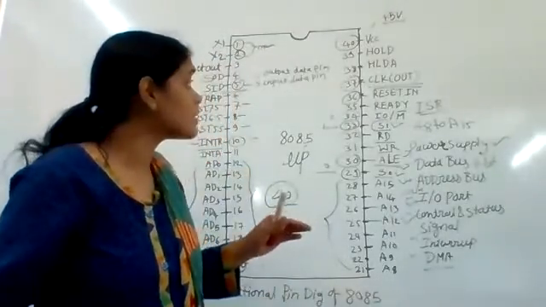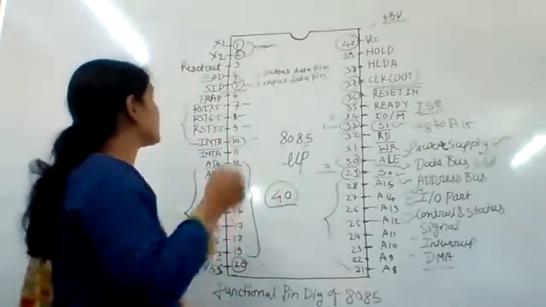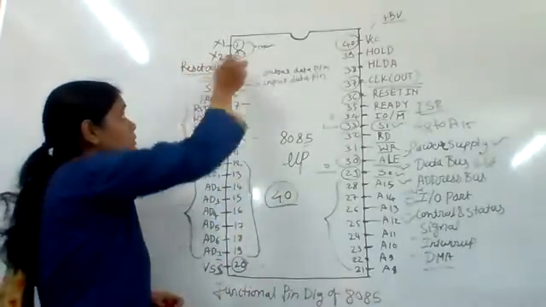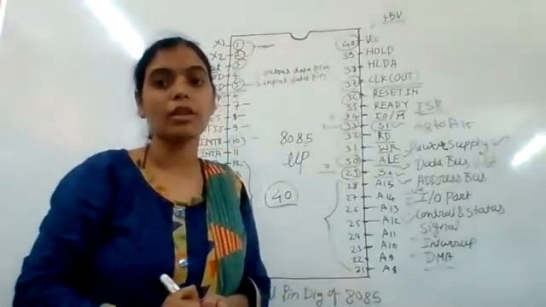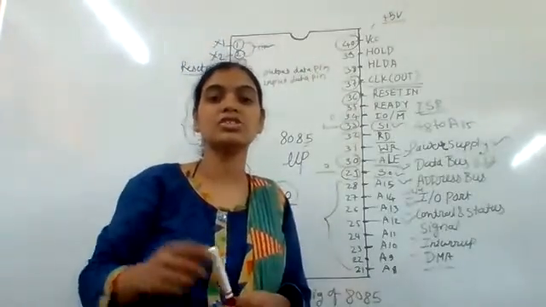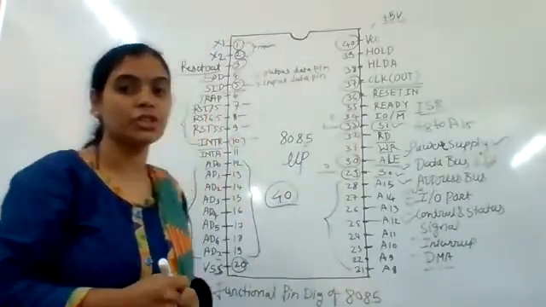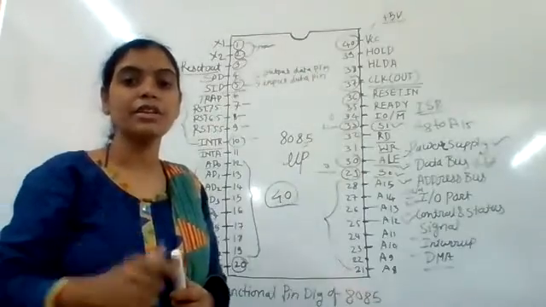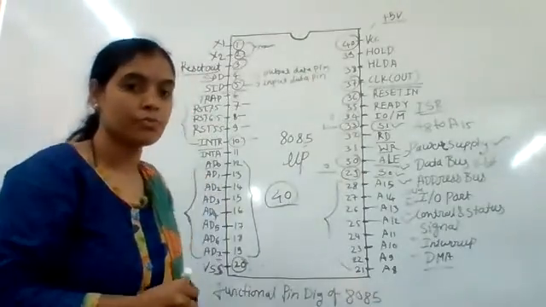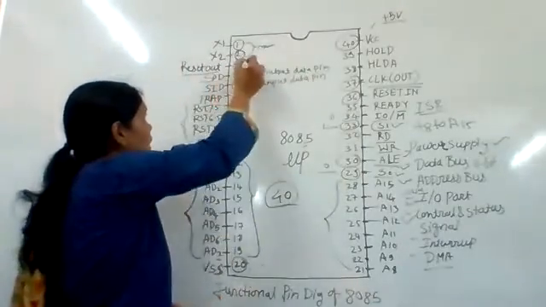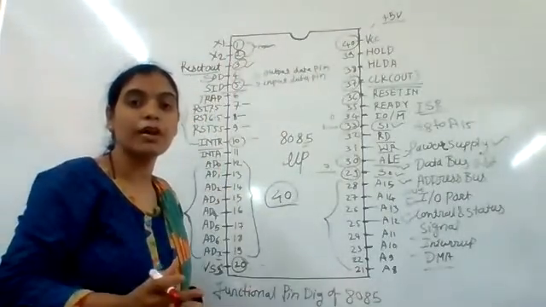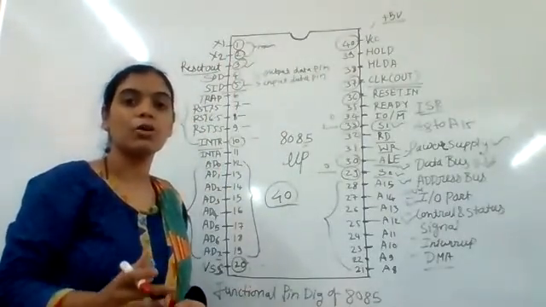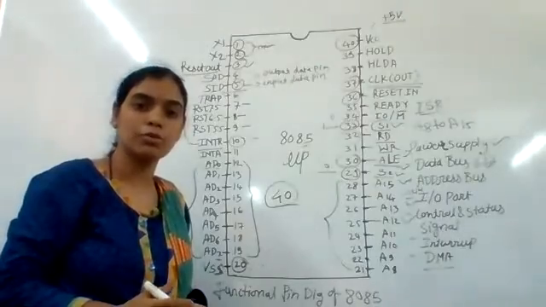Now next is RESET OUT, pin number 3. This pin generates a signal to provide information about the resetting of the microprocessor.